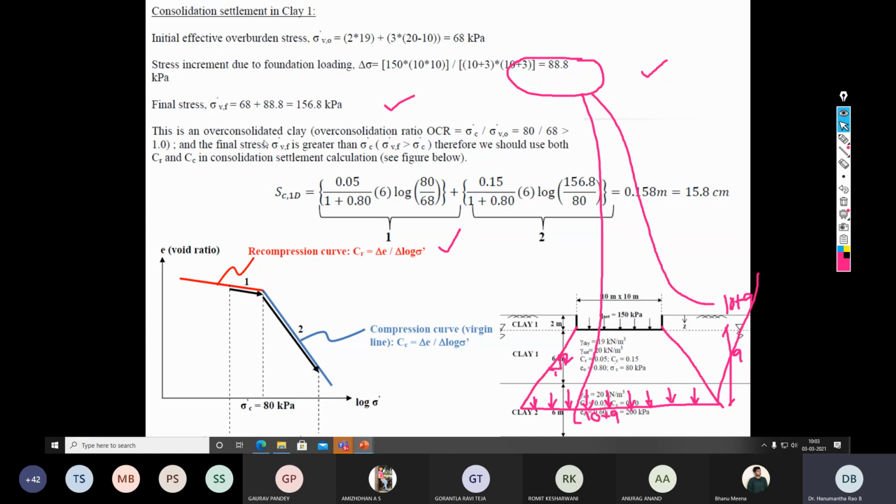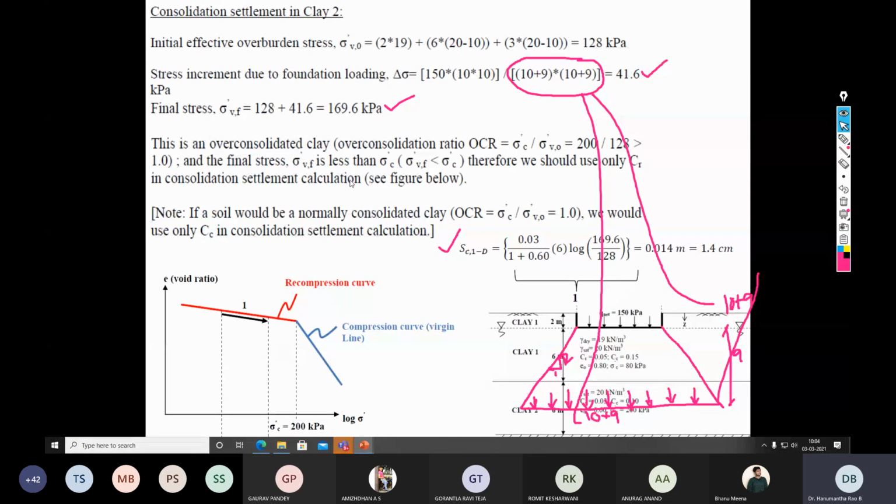The given soil is an over consolidated clay, which is defined as sigma c dash by sigma naught dash. So here that is 80 divided by 68, which is obviously greater than 1. That means it is an over consolidated soil. And the final stress, sigma f dash, is greater than the pre-consolidation pressure sigma c dash. So therefore we should use both Cr and Cc in the consolidation settlement calculation. That means you have to use both these bilinear equations.